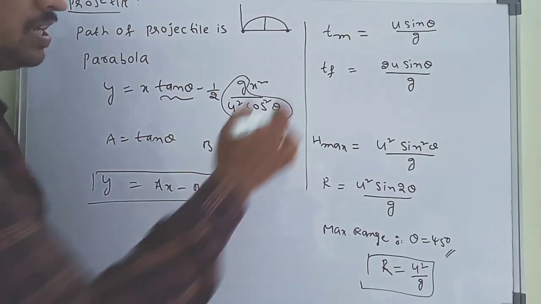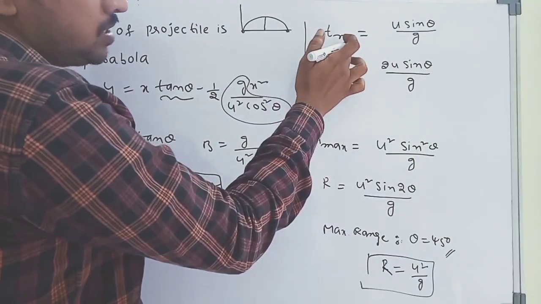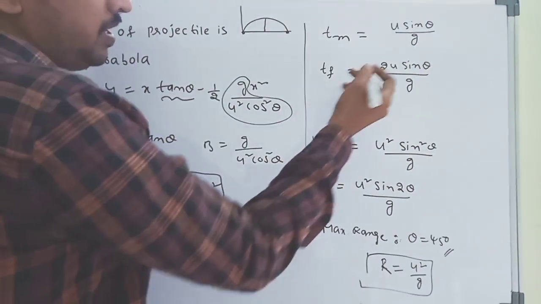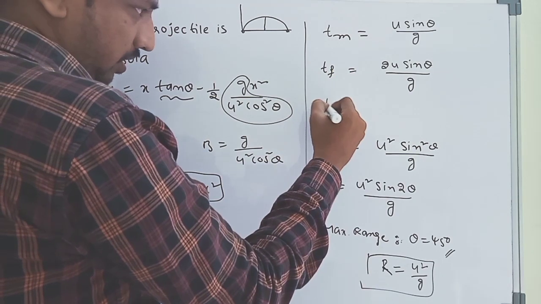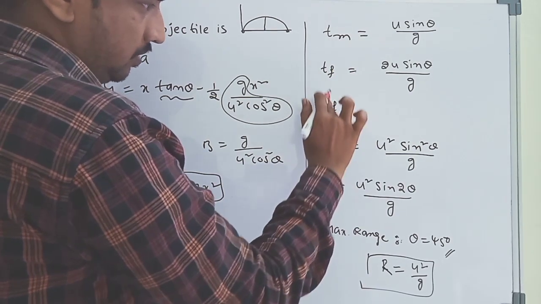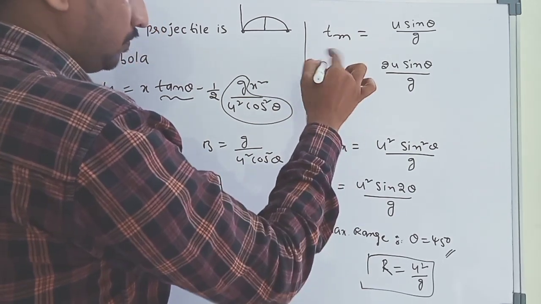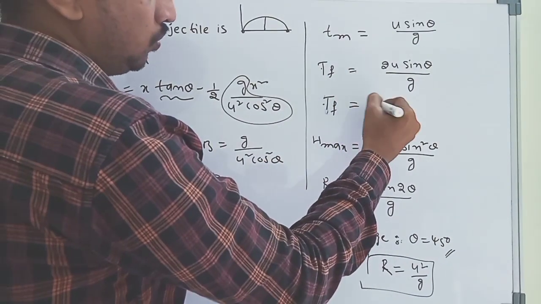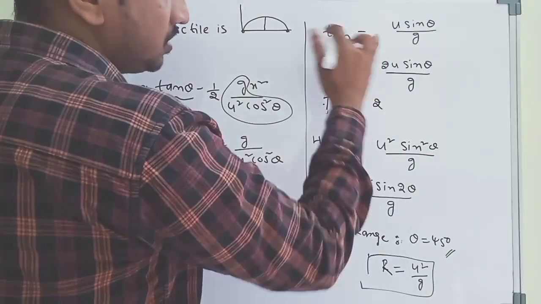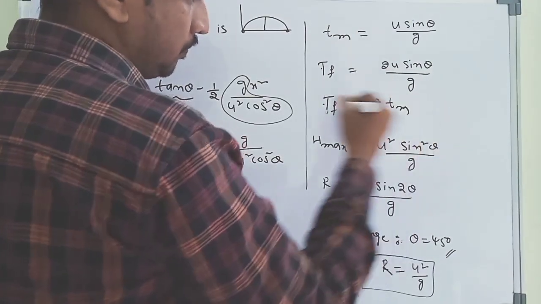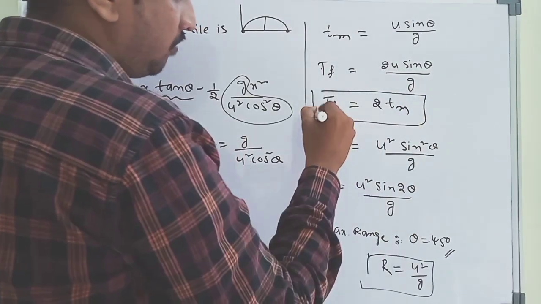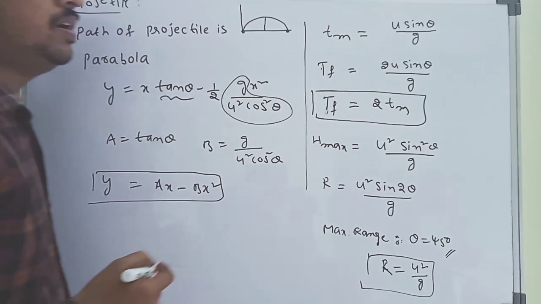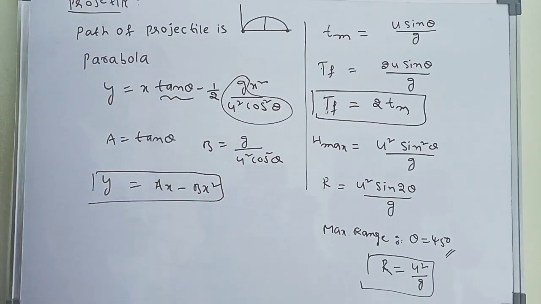See here the relation between maximum time and time of flight. Tf is equal to 2 into u sin theta by g, which is nothing but 2 Tm. Why?